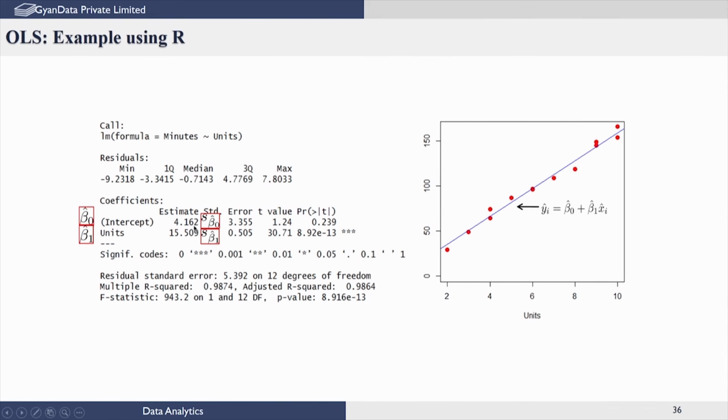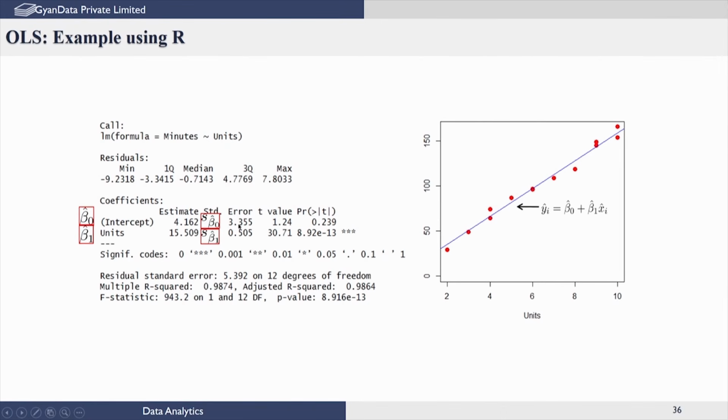The intercept term turns out to be 4.162, the slope parameter turns out to be 15.501, okay. But it also tells you the estimated standard deviation of this parameter, which is S beta naught hat of the intercept. It also tells you the standard deviation of the estimate for beta 1, which turns out to be 0.505, all calculated from the data using the formulas we have described.